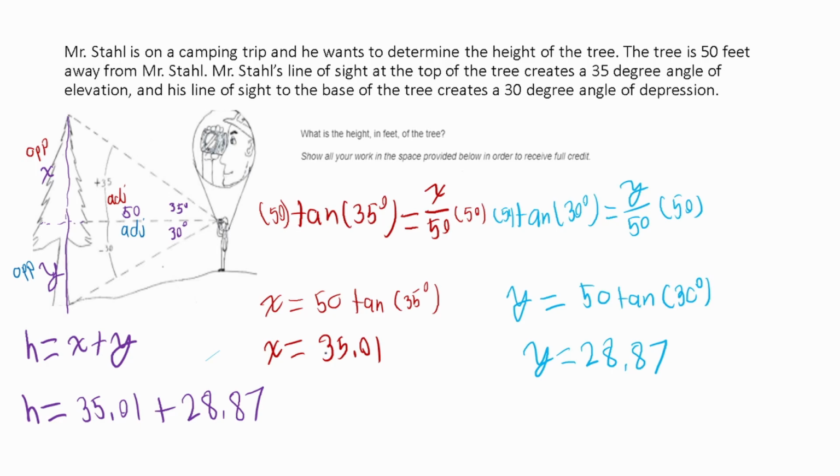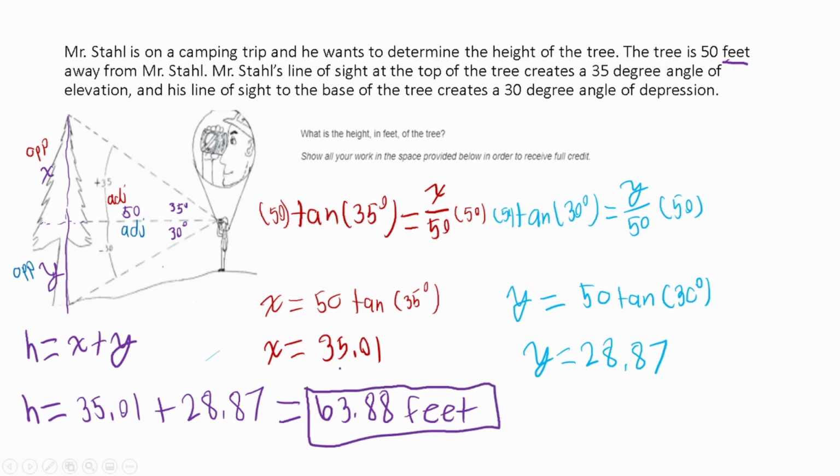Click enter. And we get the height of this tree is equal to 63.88. And last but not least, do we have a unit? We do right up here. It is feet. Box off our answer. We are good to go.